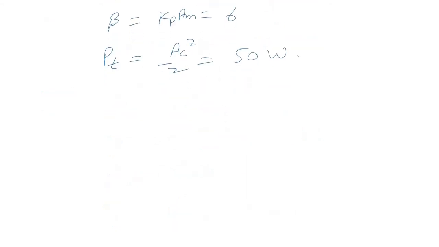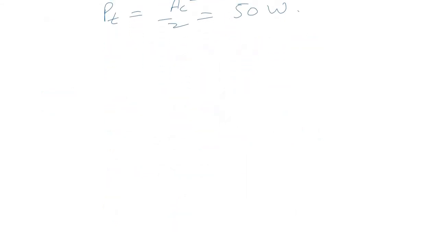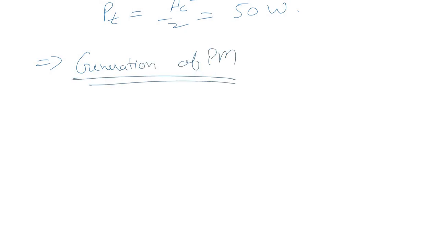Now a simple way to generate a PM signal is with the help of the FM signal. And it's the most commonly used method to generate a PM signal.